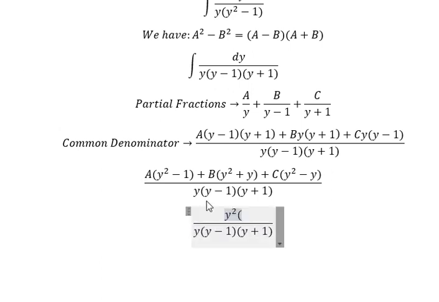We have A, B, C because A multiplied by y squared, B multiplied by y squared, C multiplied by y squared. So we have A plus B plus C.